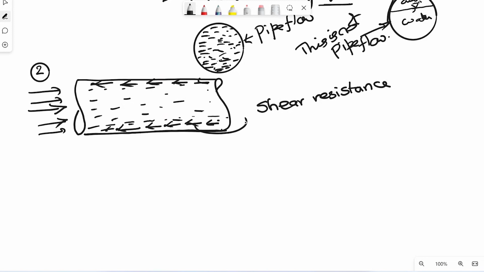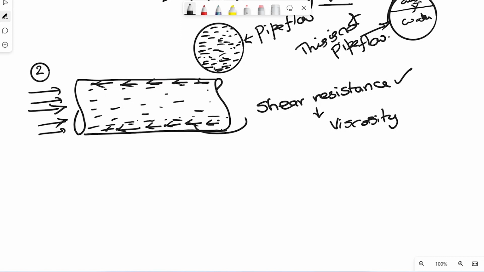Because of this, there is a resistance between the fluid particles and the boundary. Why is this resistance there? The shear resistance is mainly due to the viscosity of the fluid. Because of the viscosity of the fluid, the shear resistance will be there.